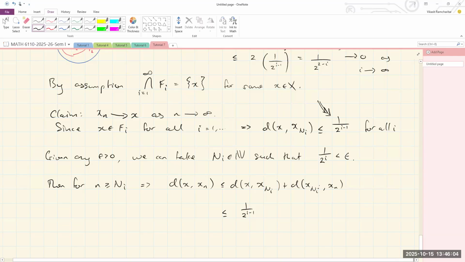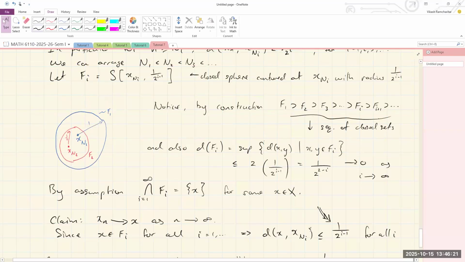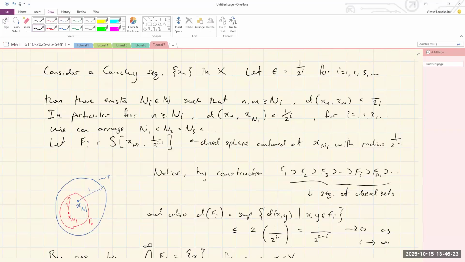And the distance between x_{n_i} and x_n, remember x_n was a Cauchy sequence, that's how I was forming these closed spheres, is always less than 1 over 2 to the i.